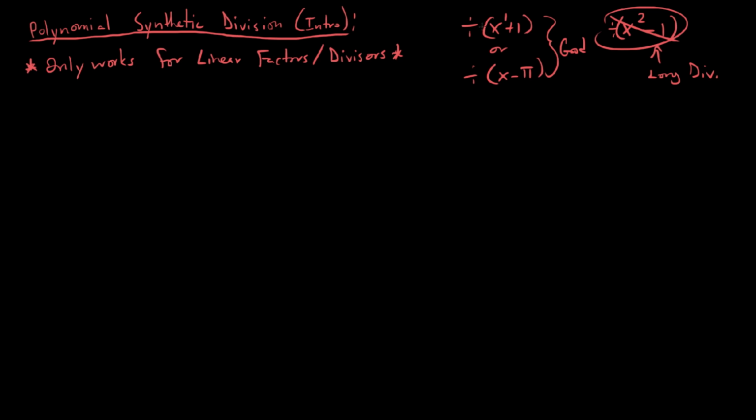If we're talking about linear divisors or linear factors, hopefully a factor, it could be, it could not be a factor. The bottom line is this. We said in the past, if, say, some number k, x minus k is a factor, then we could say x equals k is a zero.